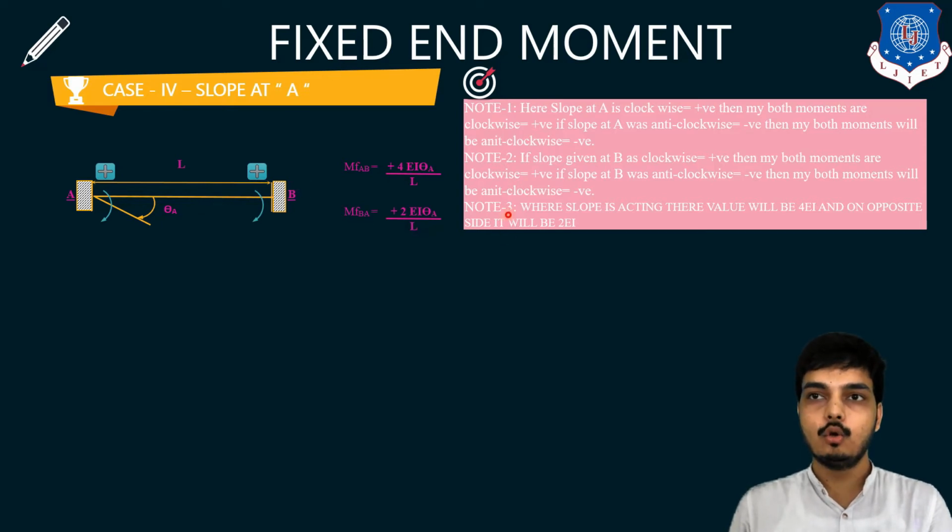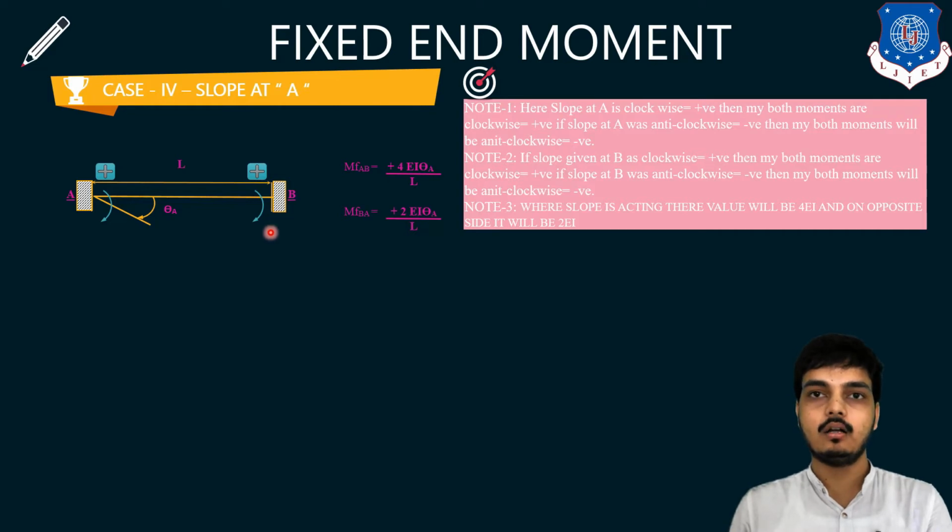And note 3 says that wherever the slope occurs, here the slope has occurred at A, the value will be 4, and at the opposite end its half, which is 2, in case both ends are fixed. Different kinds of end connections we will learn ahead.